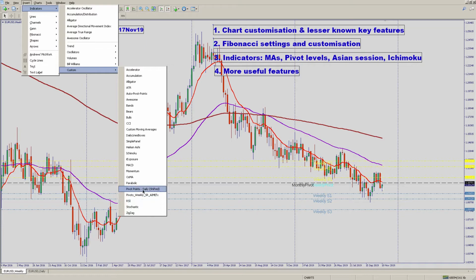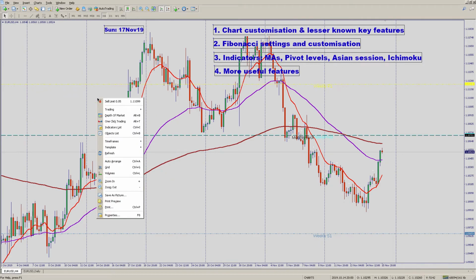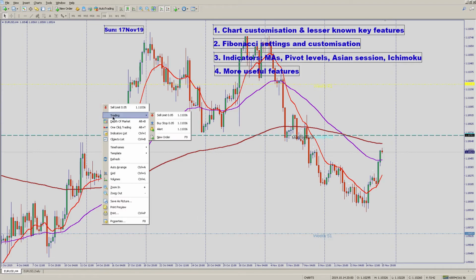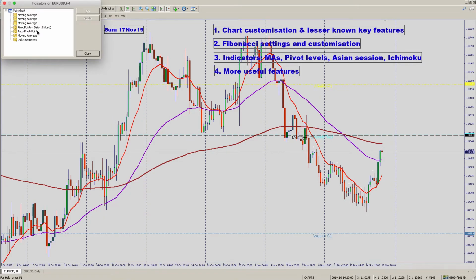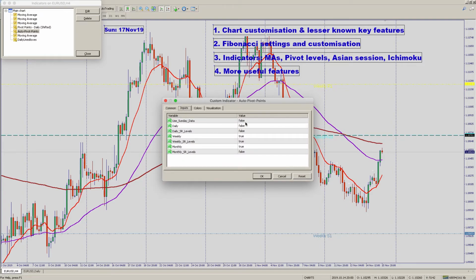This will be installed in your custom indicators, and this is under the auto pivots, right? And if I go to the indicators list, go to edit, and inputs here I've set false for Sunday.